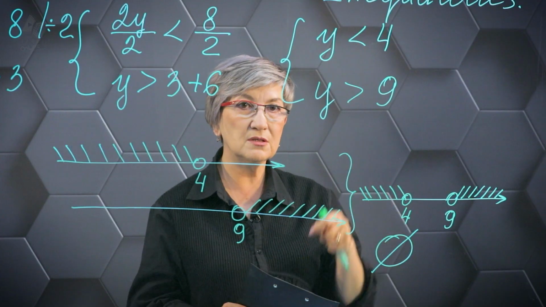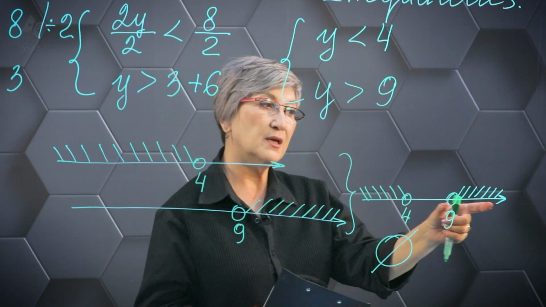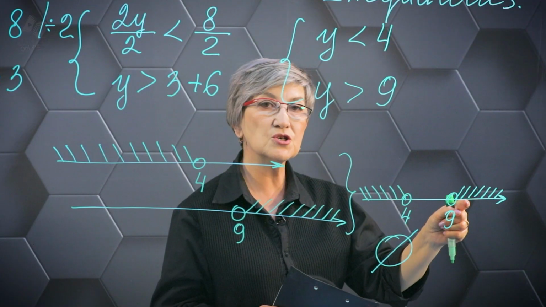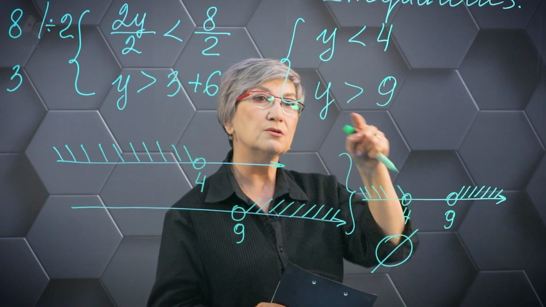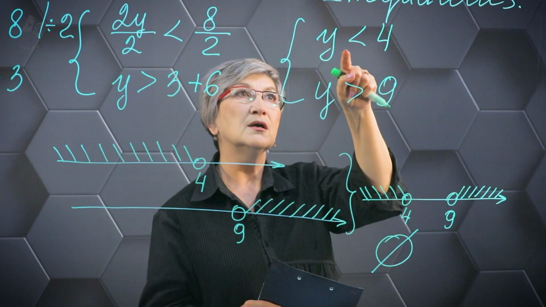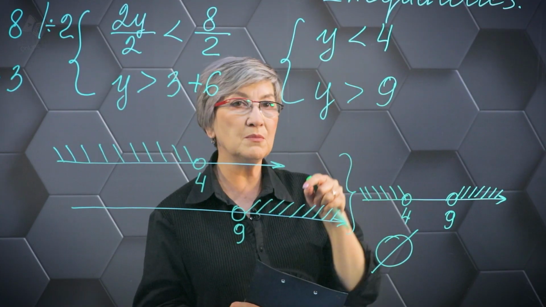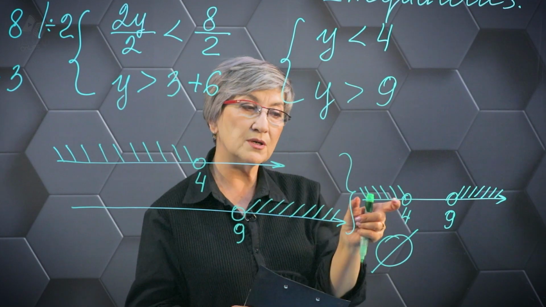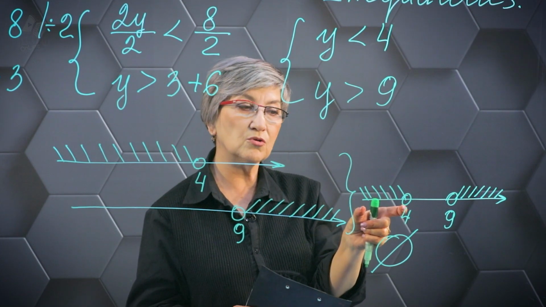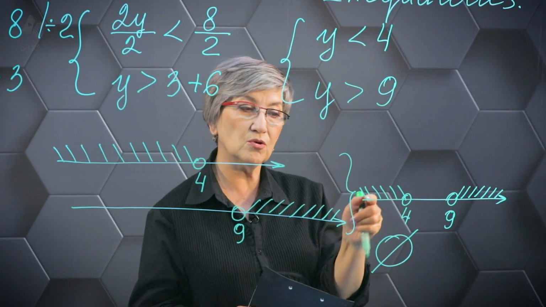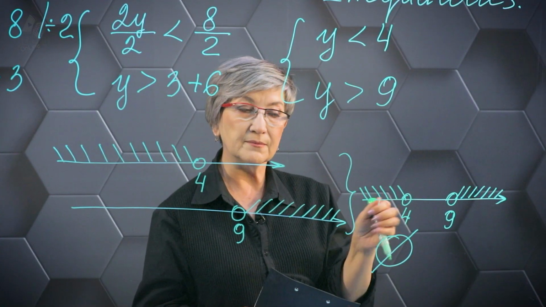but greater than 9. For example, if I choose a number greater than 9, for instance the number 10, indeed 10 is greater than 9, that's correct. However, the number 10 is not less than 4. Similarly, we can verify a number that is less than 4, for instance, the number 2.